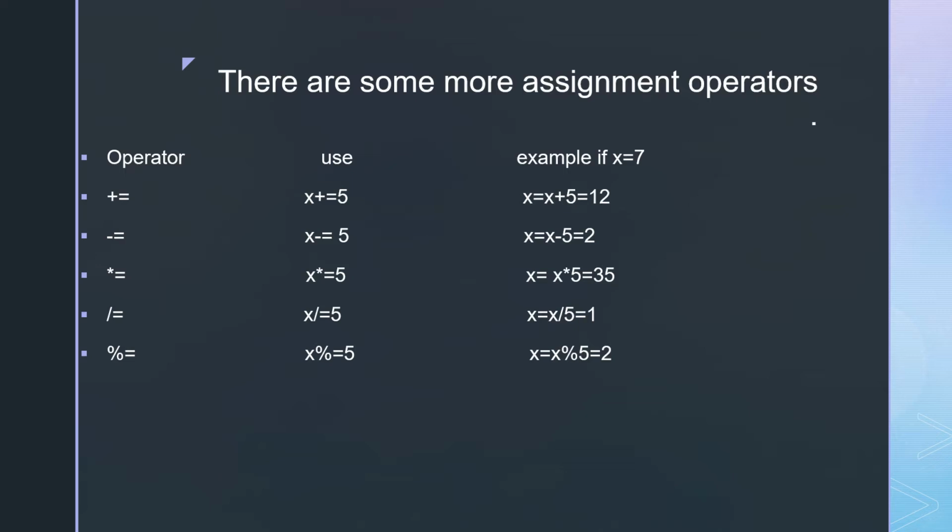With multiplication equal to, where my x is 7, I am multiplying 7 by 5, that is 35. In the same way, division gives you the quotient, so when you divide 7 by 5, it will give you 1. And mod equal to again gives you the remainder, so when you divide 7 by 5, you will get 2. This is how these compound assignment operators are formed and work.